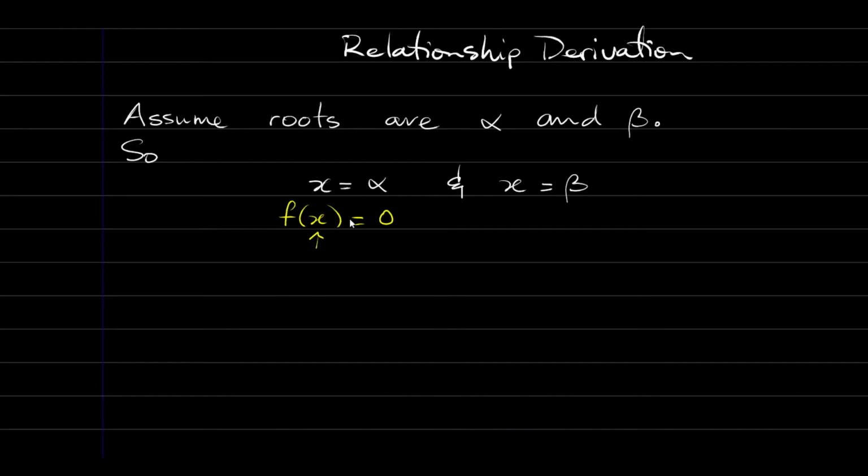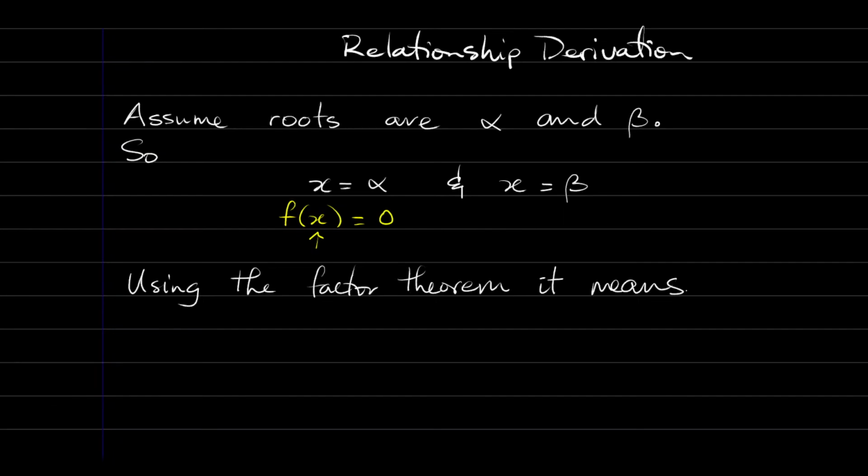And 2, it also means that if I use the factor theorem, x minus alpha and x minus beta are going to be factors of the quadratic.